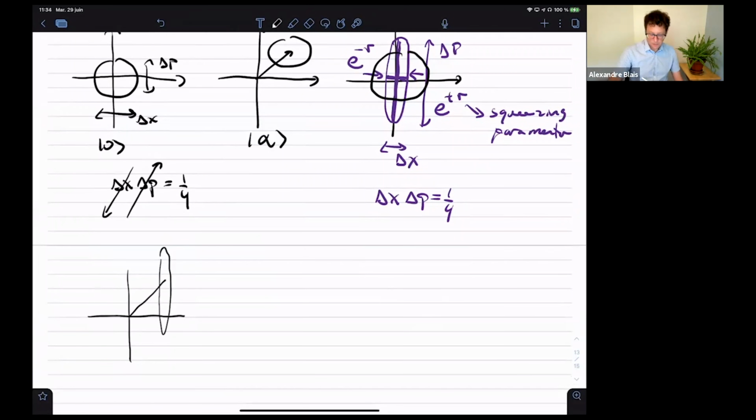By the way, this is sometimes called quadrature squeezing, because if you think about it, there are other quantities that you can squeeze. This is usually not discussed in this way, but I can mention it.